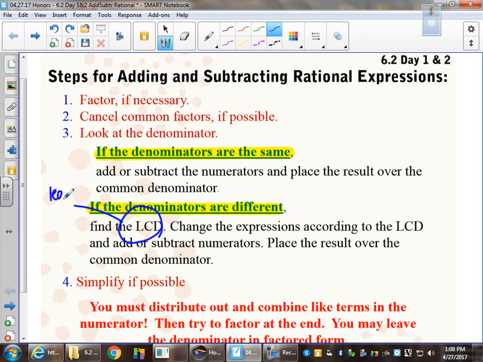Least common denominator. Once we have the LCD in both fractions, we'll be able to then add and subtract, and then simplify.